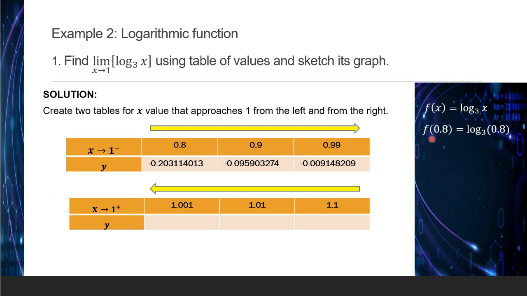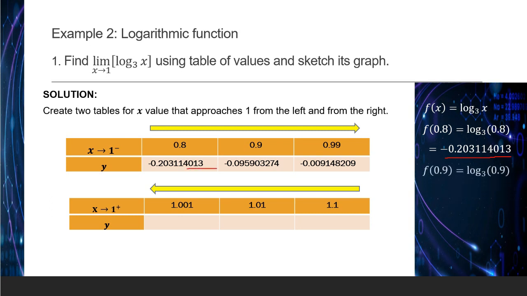So we have f of 0.8 is equal to logarithm of 0.8 to the base 3. So just substitute 0.8 to the variable x, and by the use of our calculator, we can get the value. So this is equal to negative 0.203114013.